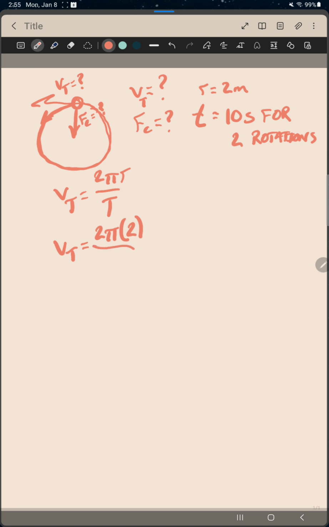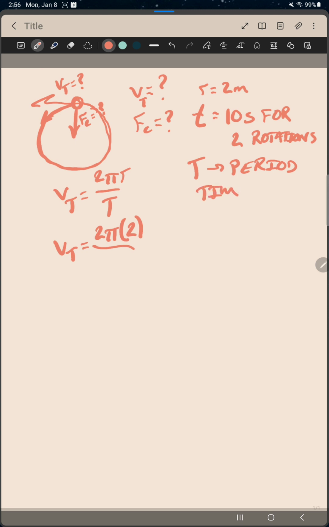The total time, it made 2 rotations in 10 seconds. The period is the time of 1 rotation. So T, just like it was with pendulums and springs, T is the period.